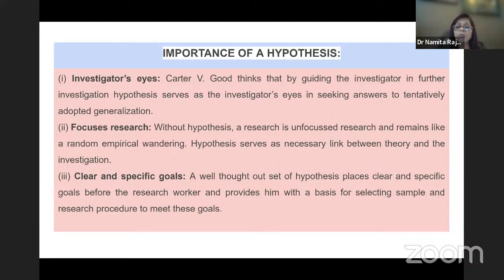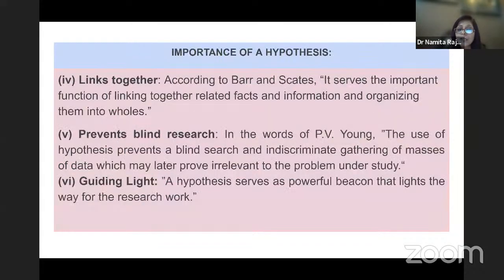A well thought out set of hypotheses places very clear and specific goals before the researcher and provides him with a basis for selecting the sample and the research procedure to meet these goals. So it is the eyes of the researcher, it makes the research more focused, you're able to optimize on your specific and very clear goals, and it serves the important function of linking together related facts and information and organizing them into wholes.